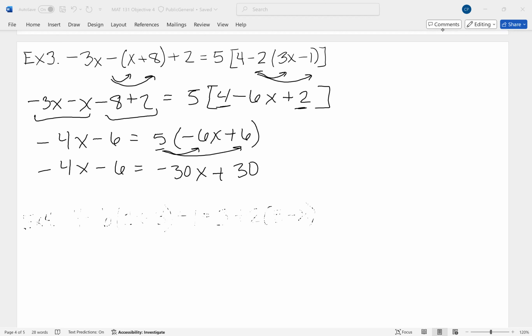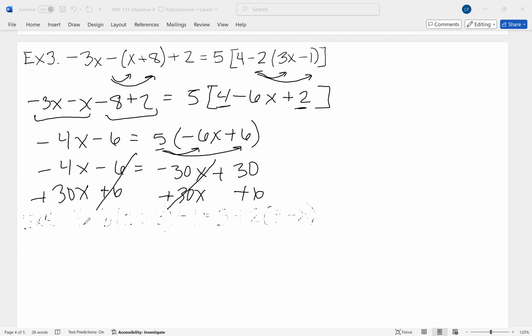So now we can start moving things across the equal sign, okay? So we can add 30x to both sides. And we can add 6 to both sides, okay?